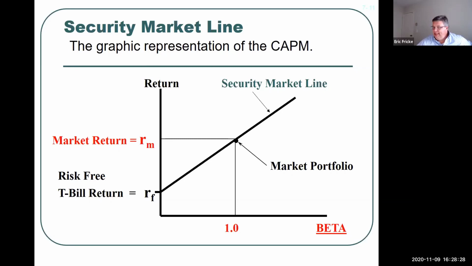Here's that same equation, and it has a definition. It's called the security market line, and it's basically the graph that graphs returns versus beta. That is the security market line, and people call this kind of a graphical representation of CAPM.